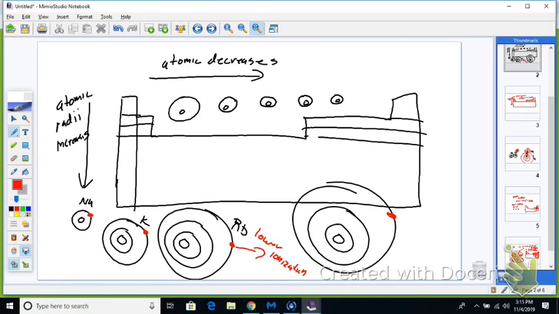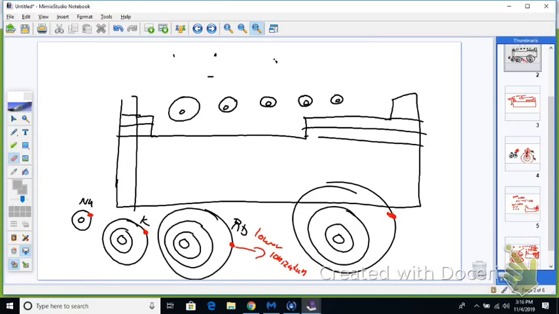So as you go down, what happens to the ionization energy? It decreases. So ionization energy decreases.